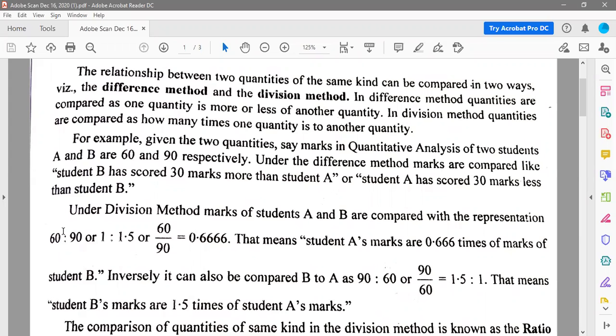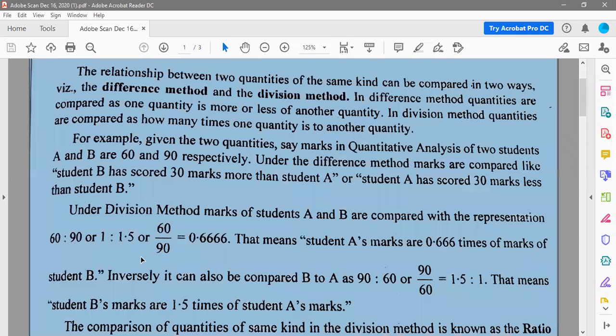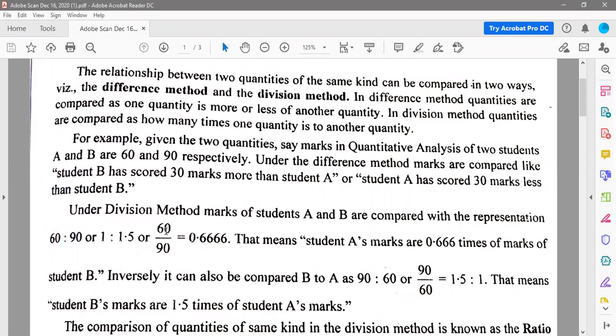Now if you simplify this, you will get 1:1.5. This is one way of representing 60:90. This is another way of representing it. And there is one more way of representing it, that is 60/90, A by B. When you divide A by B, you get 0.6666.